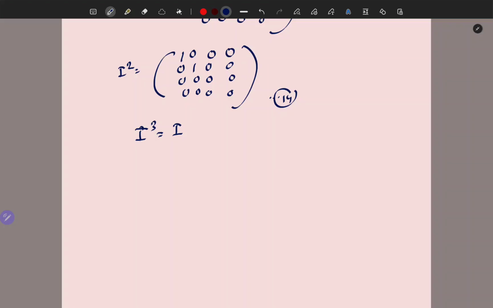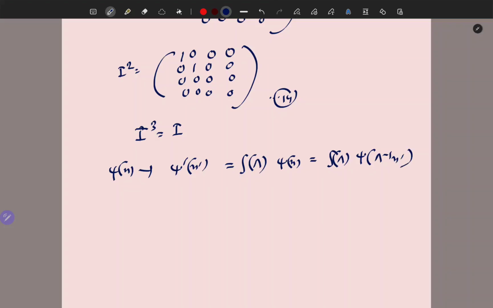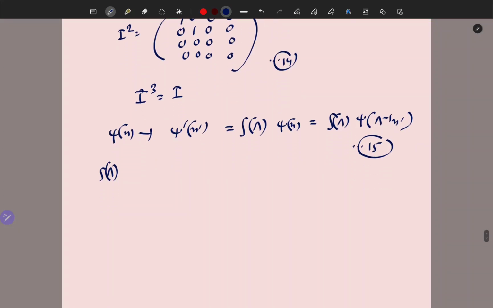The solution psi of the Dirac equation is a 4-component column vector, or spinor, and under equation number 2 it Lorentz transforms as psi prime of x prime equals S of lambda psi of x, equals S of lambda psi of lambda inverse x prime. This is equation number 15, where S of lambda is a 4 by 4 non-singular matrix. What else could it be?